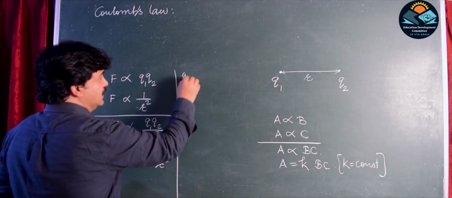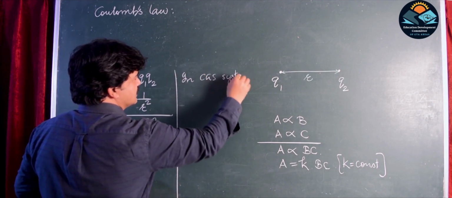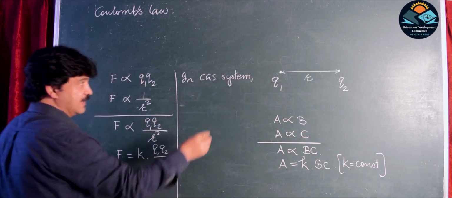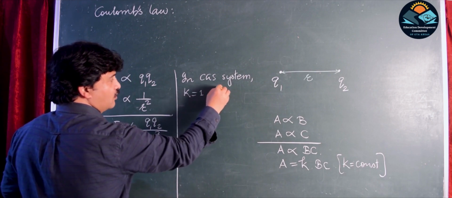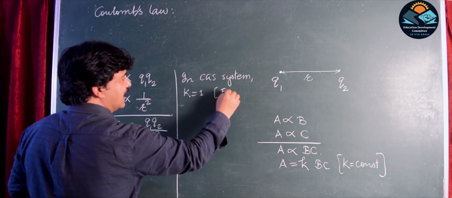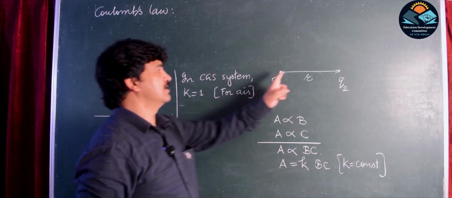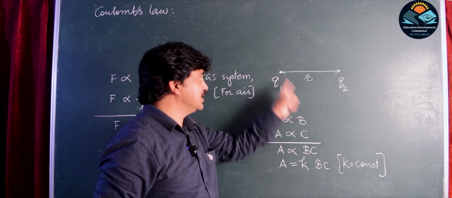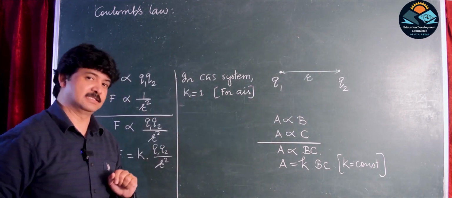Now in CGS system, the value of K is 1 for air. That means when air is in between Q1 and Q2, the value of K will be like this.